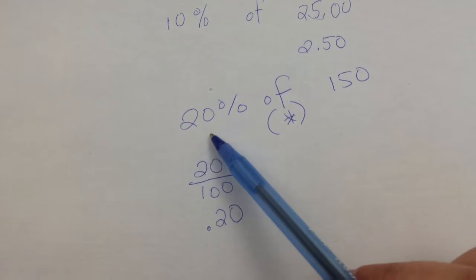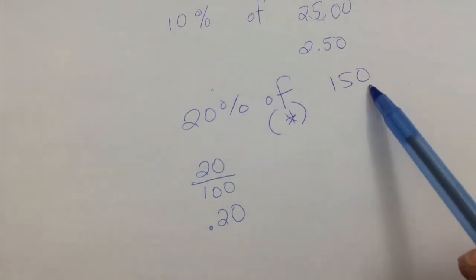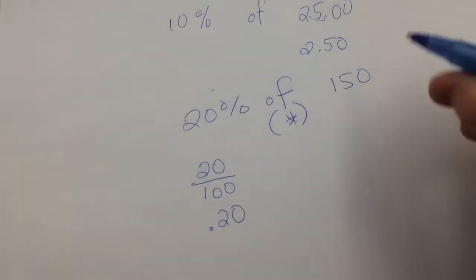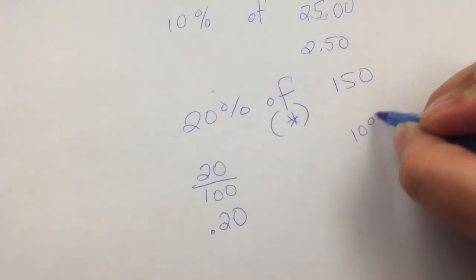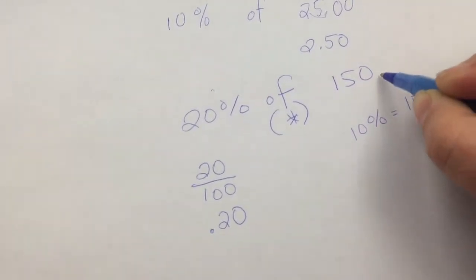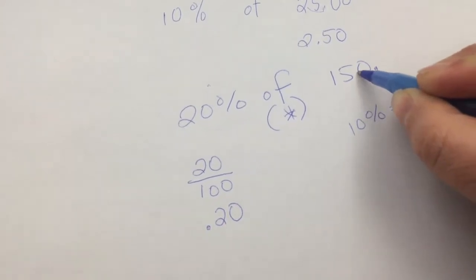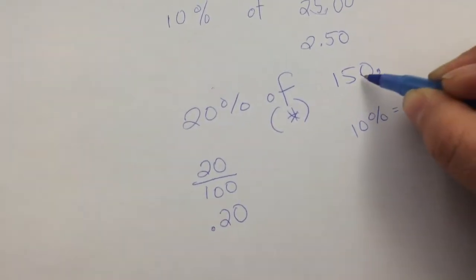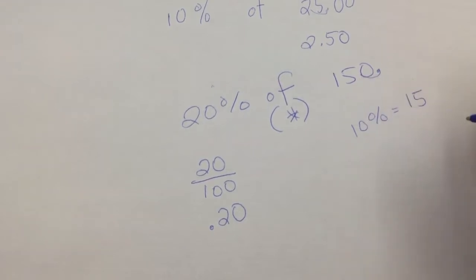Because it's 20%, you can find that easily, because 10% of 150 is actually 15, because remember there's a decimal right here, and you're just going to move the decimal over, and it will go from 150 to 15.